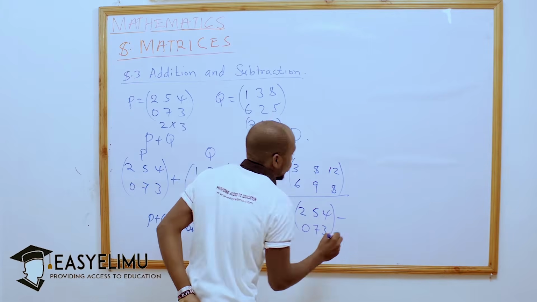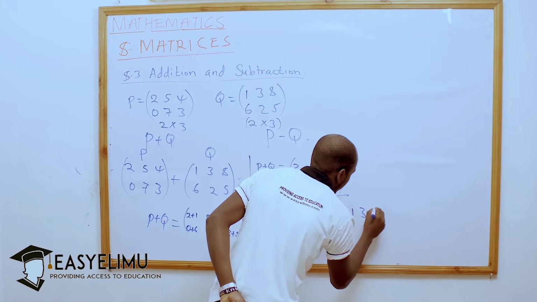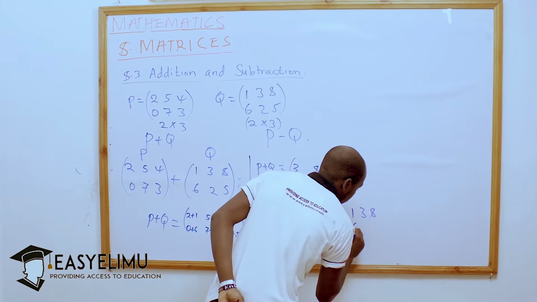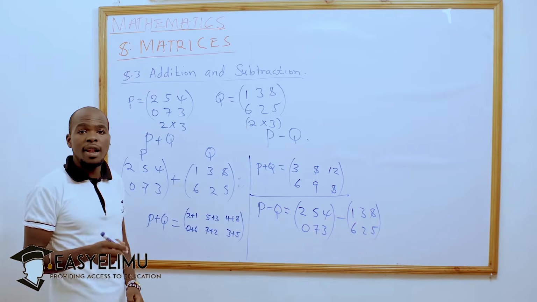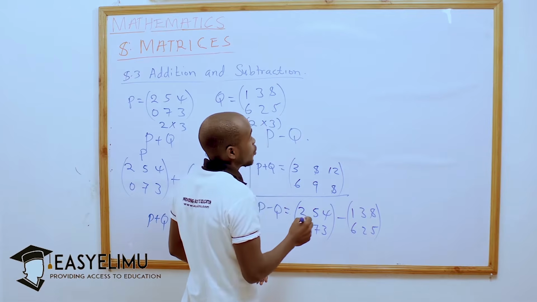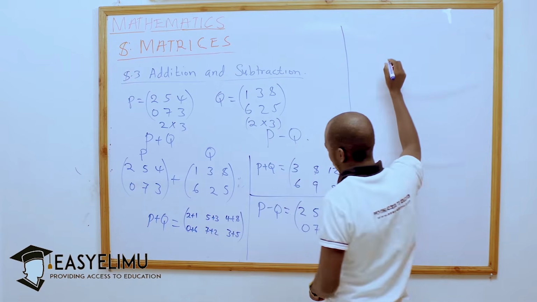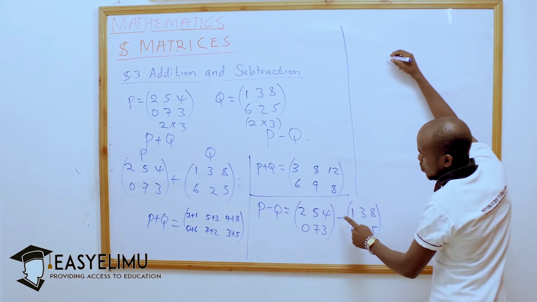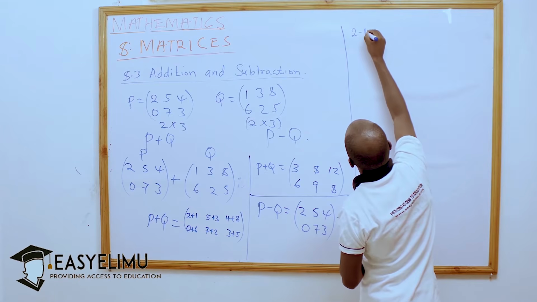Then we are going to subtract 1, 3, 8, 6, 2, 5. On subtraction, we subtract the corresponding elements. So we shall have 2 minus 1.